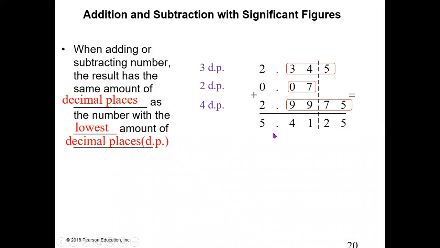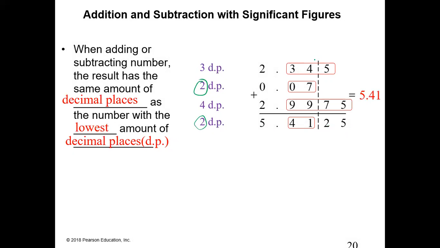So shall we keep all the 5.4125, or shall we round it somewhere? We compare those decimal places. We compare 3 to 4. So 2 is the lowest. Okay, so 2 is the lowest decimal place. Therefore, we will keep 2 decimal places for our answer, and so therefore our final answer will be 5.41, because we look to the right, we have 2, we simply drop down.